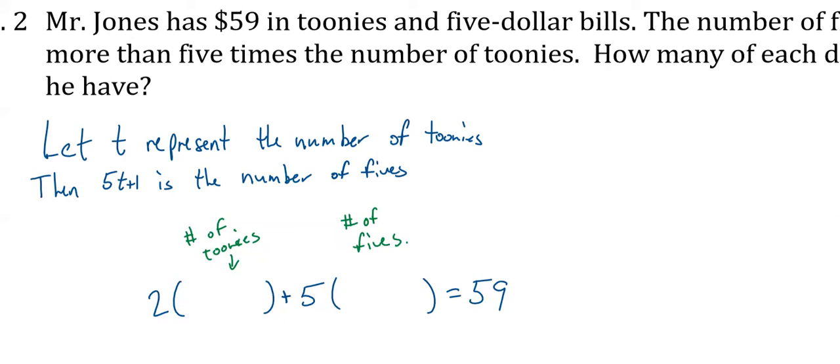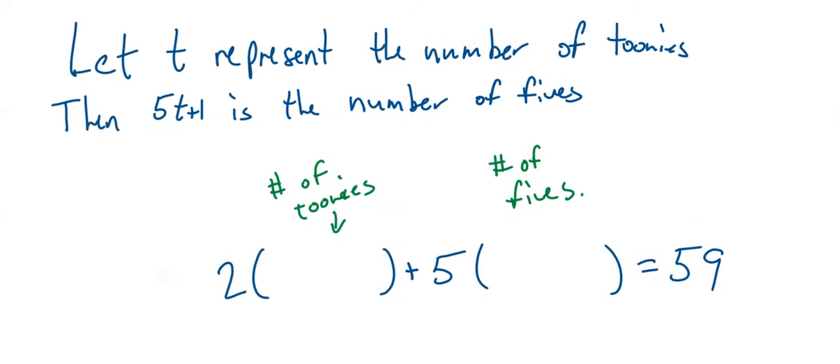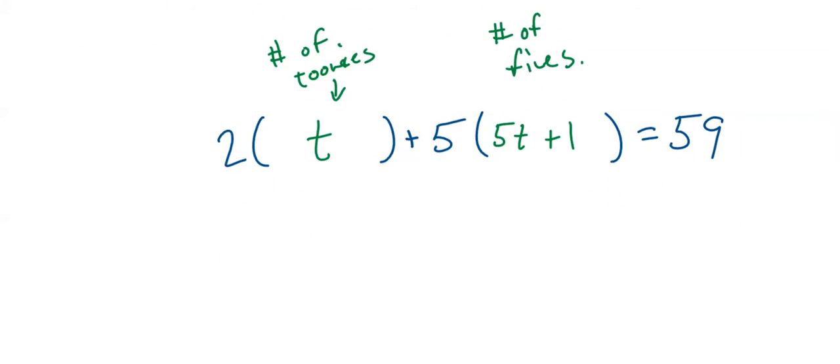What is the number of toonies? T, very good. Some people are like, well, we don't know yet. Is it 8? I don't know. Right, it's T. What is the number of 5s? Very good, 5t plus 1. That's where our let statements come in. We already figured that out. Now we can solve it. So go ahead.